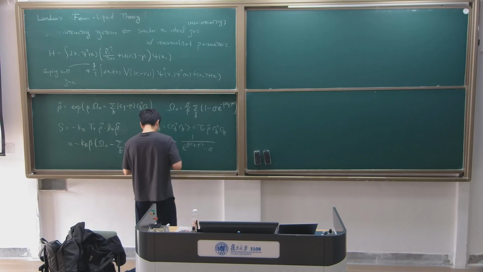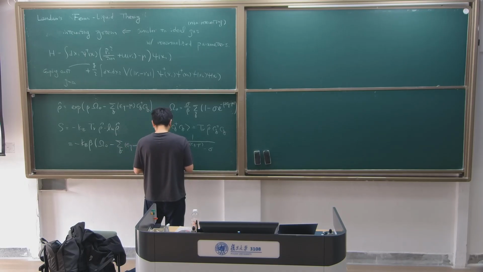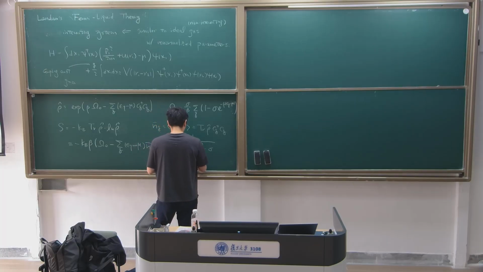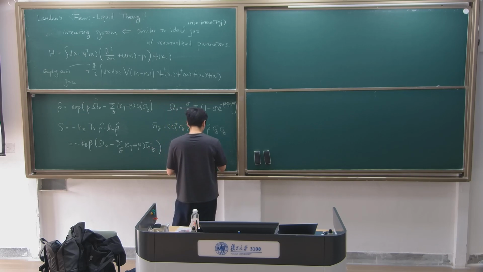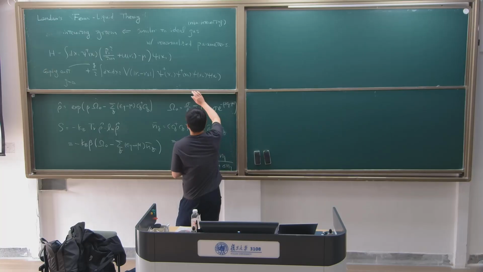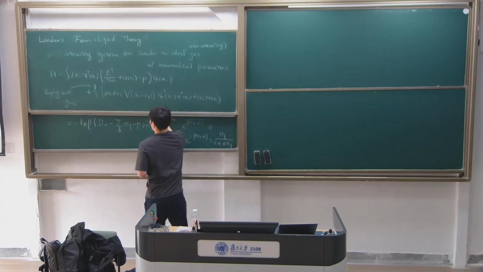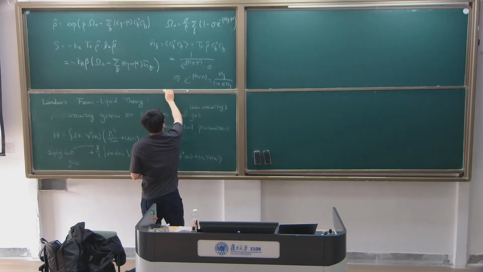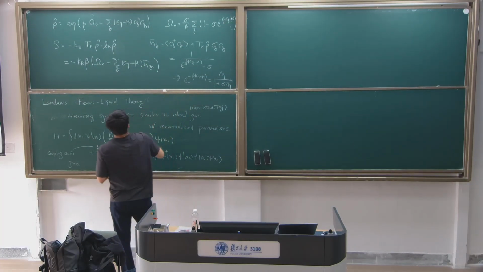So from here, we can show the E minus mu relation. So from here you can show that it exists.